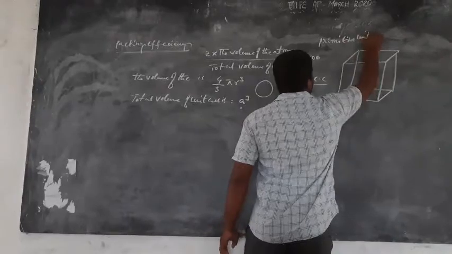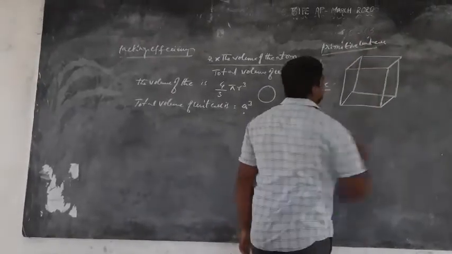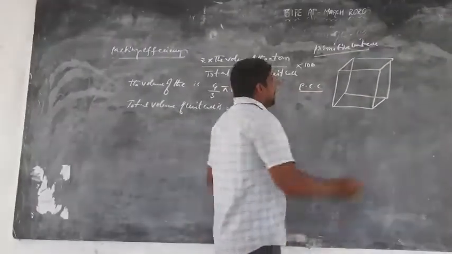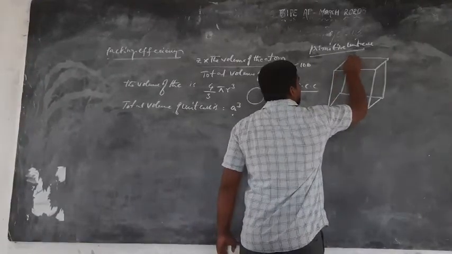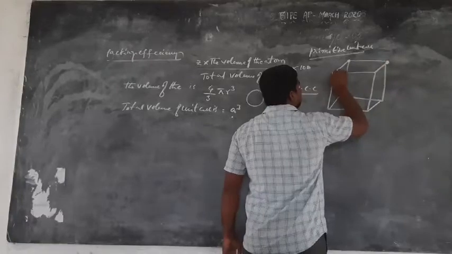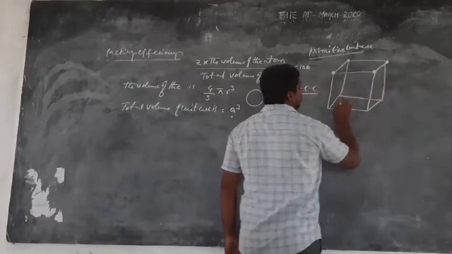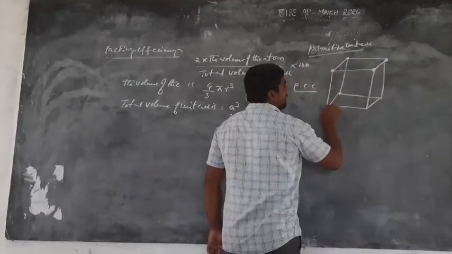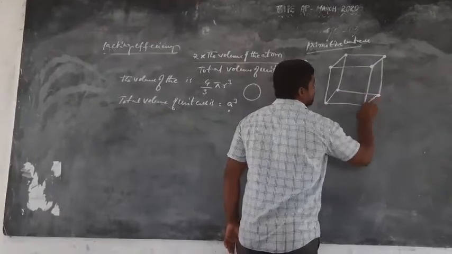The primitive unit cell contains only 8 corner atoms.